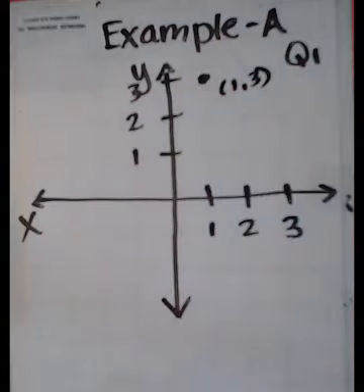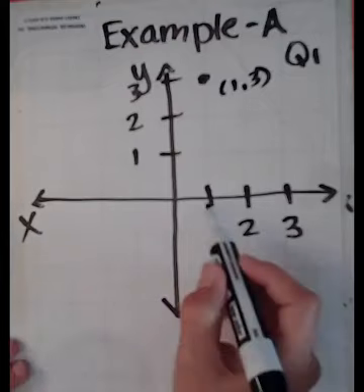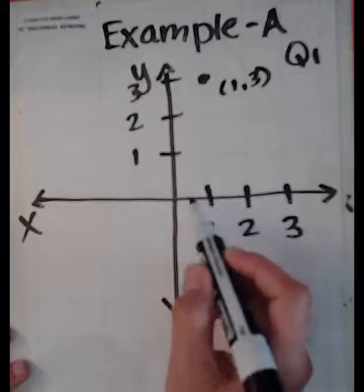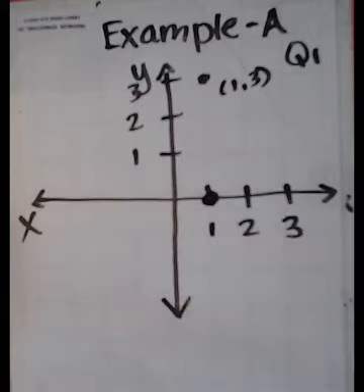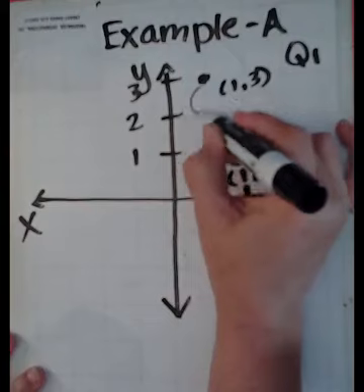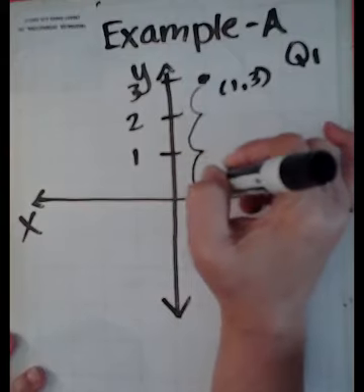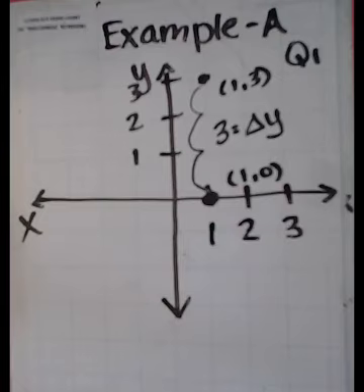Our second point is found at 1, 0. This means our x value is 1 and our y value is 0, so it's going to be right here on the x-axis. Now we need to look at the distance between the 2 points. 1, 2, 3. So 3 is our change in y.